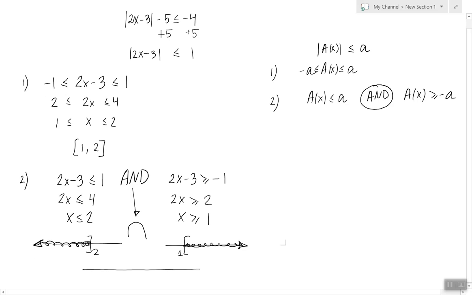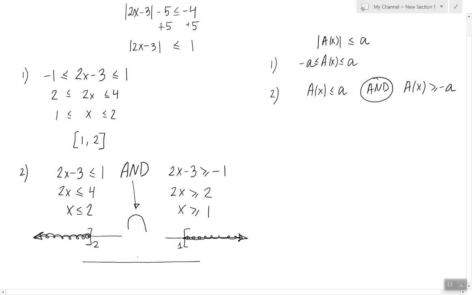So here's what we do. We draw one of them. We draw another one. And now, just by looking at these two sets, we can easily determine their intersection. So intersection is everything where they overlap. So the answer is also 1, 2.